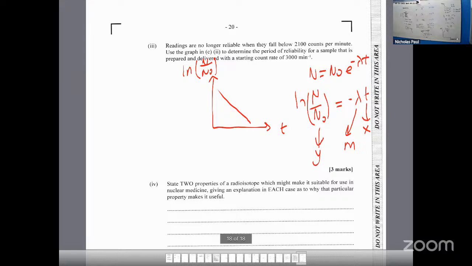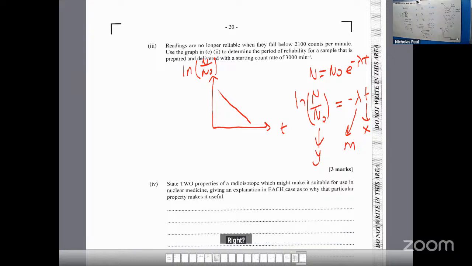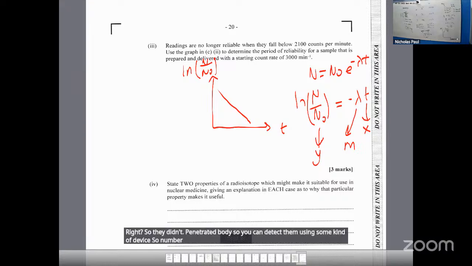Besides short half-life, I'm looking for the ability to penetrate the body, so you can detect them using some kind of device. So number one, short half-life, and number two, high penetrating power.